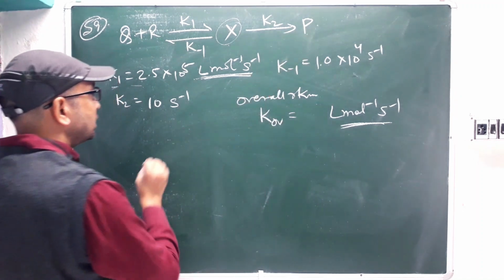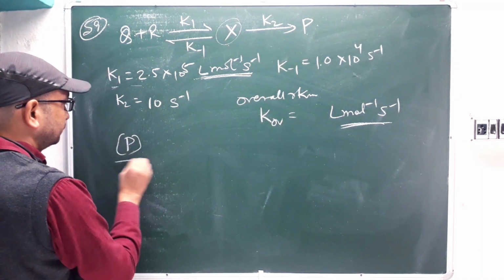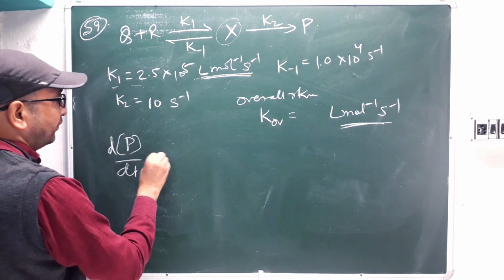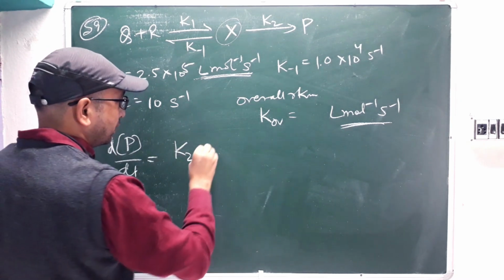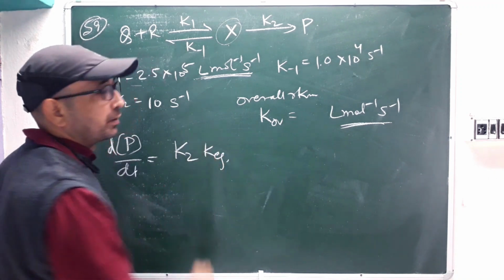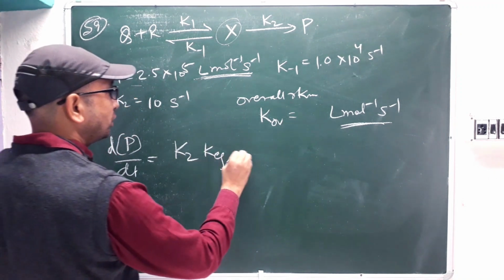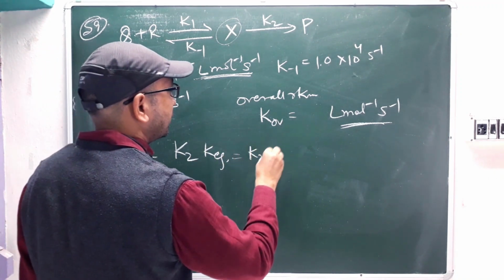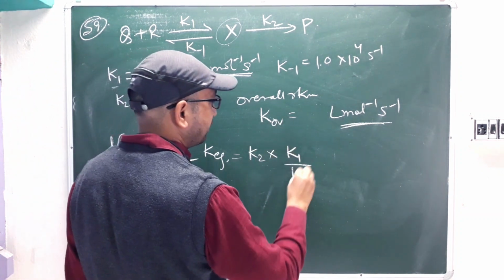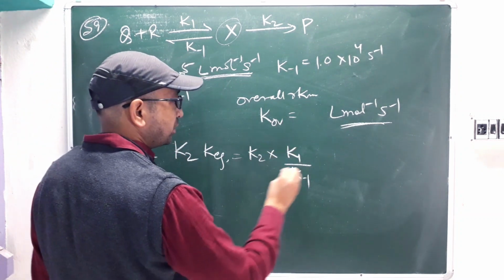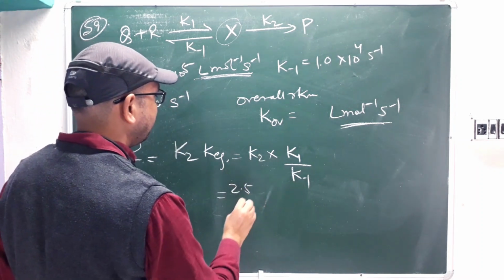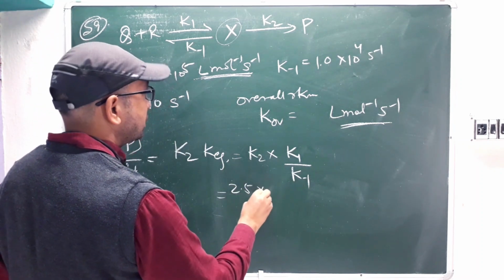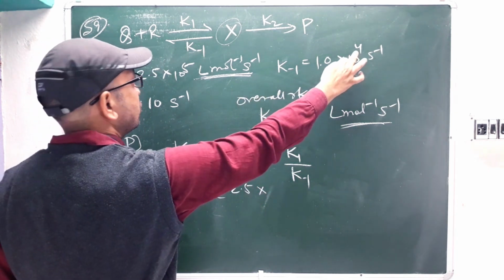For the product, how much it will come? It will be K2 into K equilibrium, correct? And we know that K2 into K equilibrium is K1 divided by K inverse. So how much it is coming? Let's see, K2's value is 2.5 into 10 to the power 4, right?